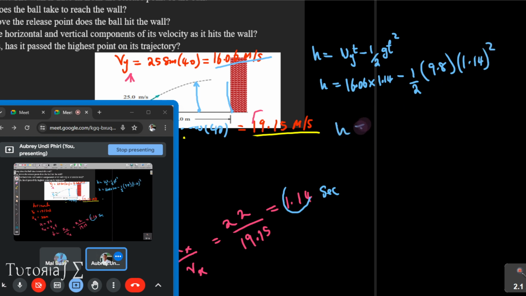So when you simplify this, what are you getting? That is 18.30 minus 6.36.